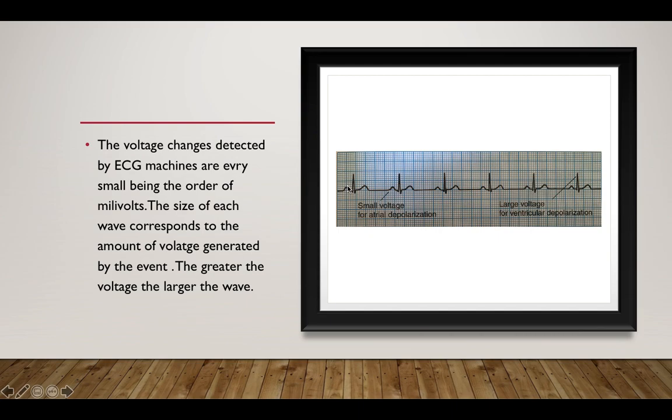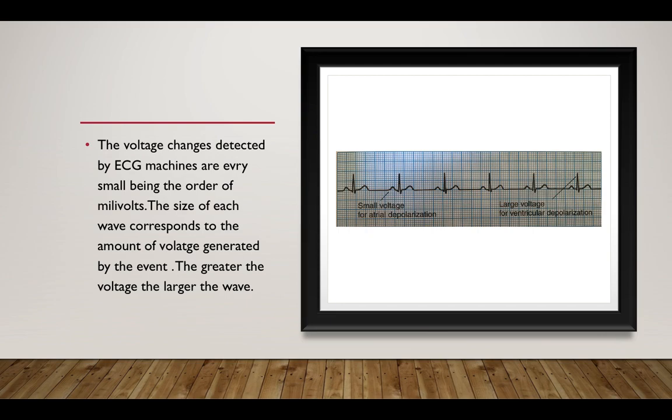The P wave is small because the impulse is small. But if the impulse is very high, the amplitude is high, so the impulse corresponds to a bigger waveform. Small voltage will produce small depolarization, whereas larger voltage will produce larger depolarization.